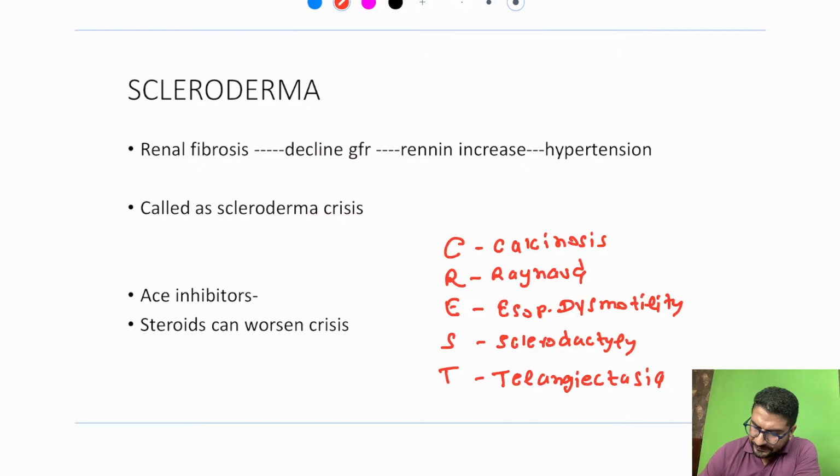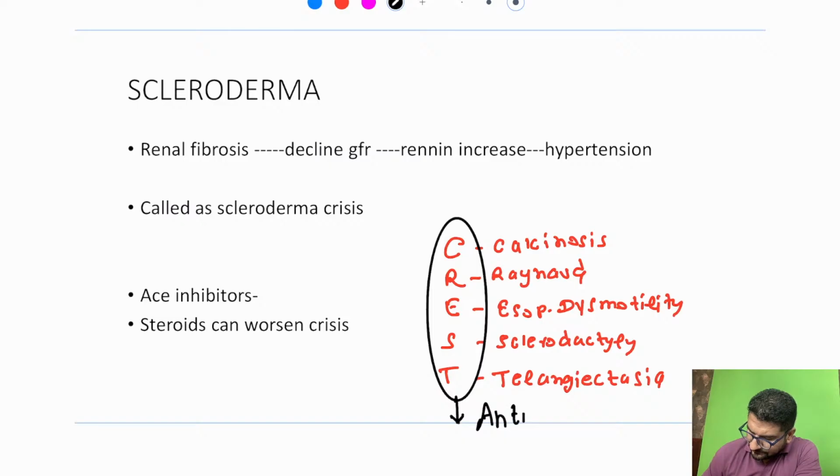अगर आप देखोगे, if you see the superficial form, here you will find an antibody. So in CREST syndrome, the antibody is called anti-centromere antibody. But sometimes in the exam they will ask you the systemic form. तो systemic form को हम बोलते हैं systemic sclerosis.